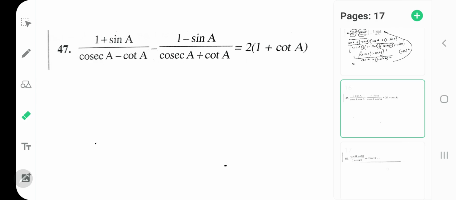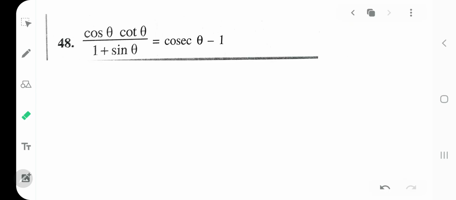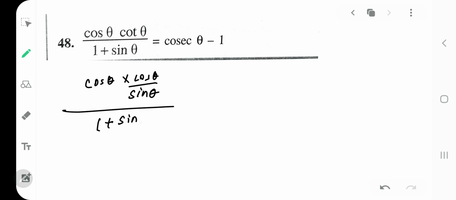Let's take first problem number 48. And it goes, for cos theta into cot theta, and down you have 1 plus sin theta. You can write cos theta as it is. For cot theta, you can write cos theta upon sin theta, upon 1 plus sin theta.